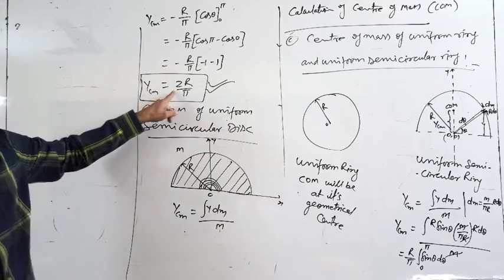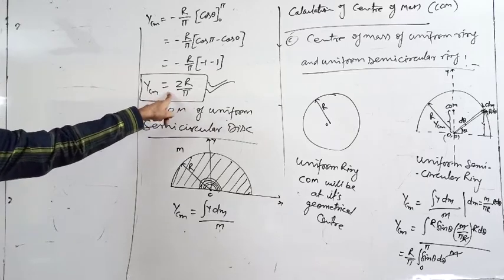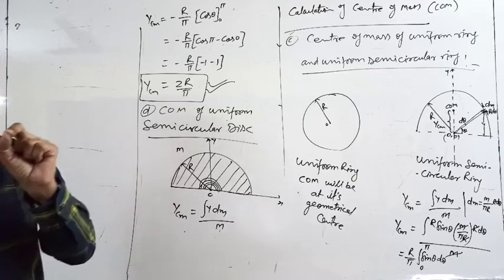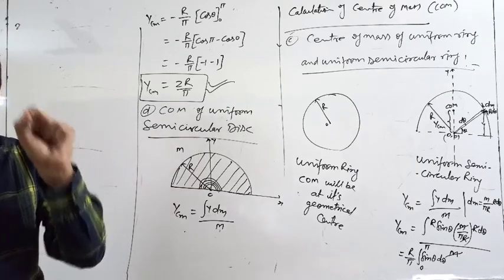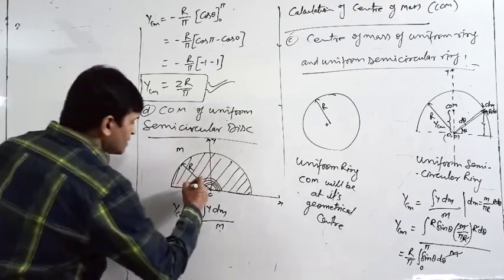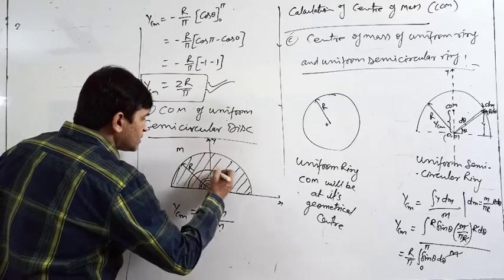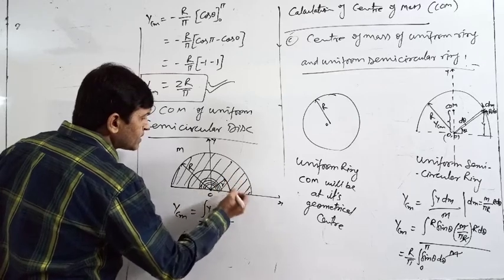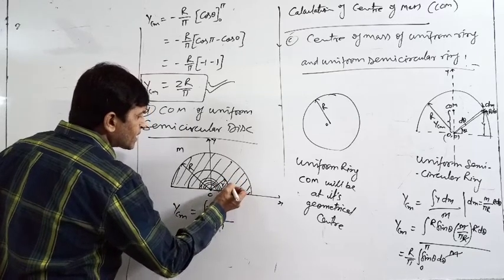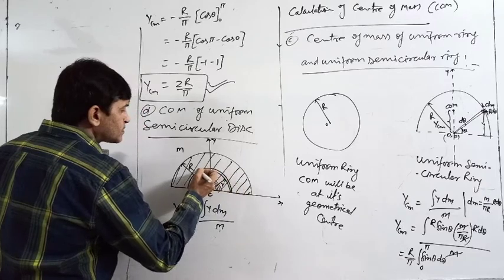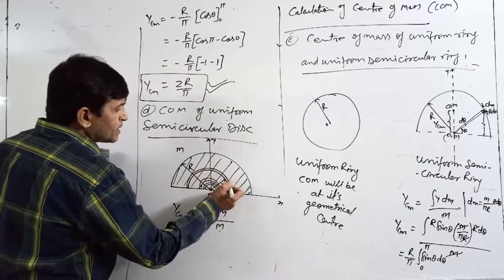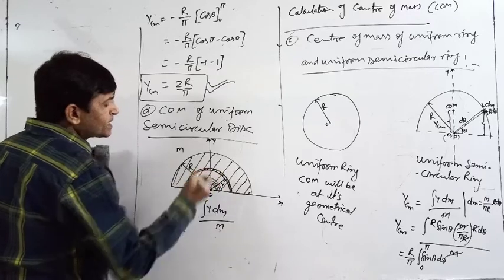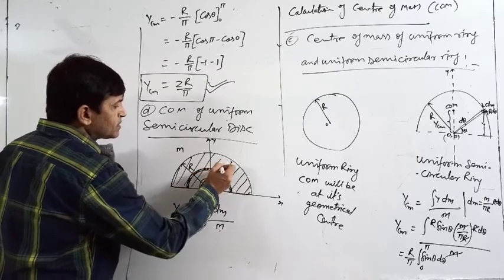And center of mass of ring already we know. So we will take our element of the shape of ring. See, I took one such ring of radius r, thickness dr. This is our ring. Ring is our element.